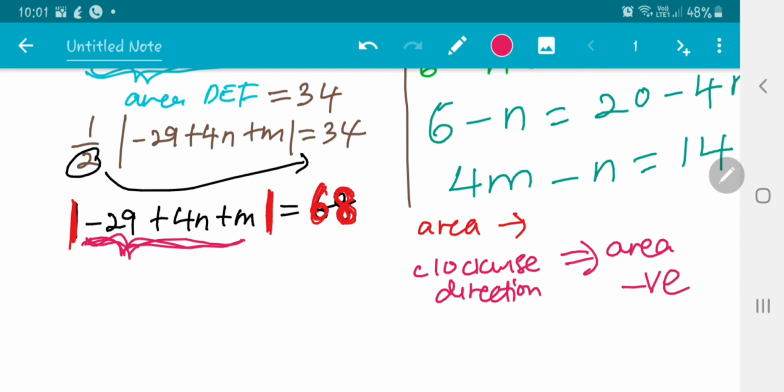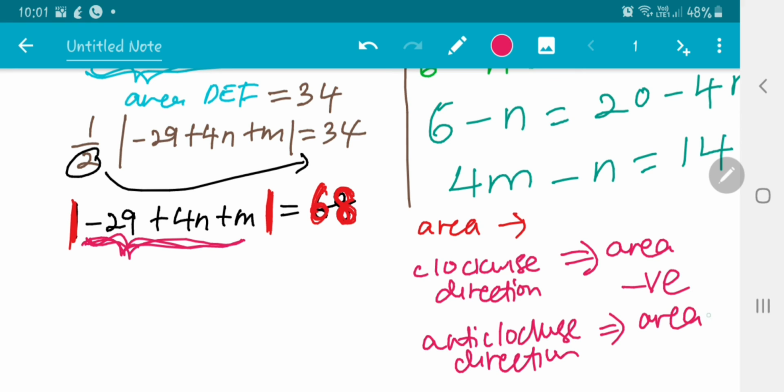Kalau you susun dia anti-clockwise direction, arrange the coordinates in anti-clockwise direction, the area inside the modulus sign tu dia positif.